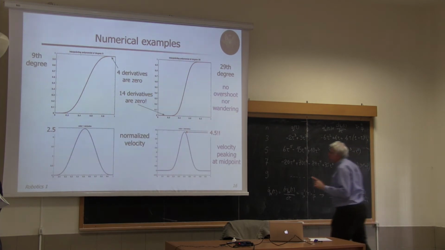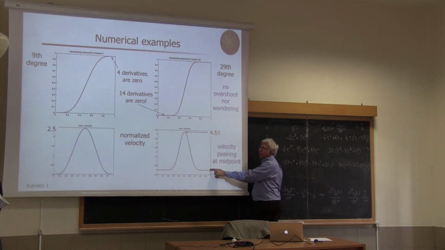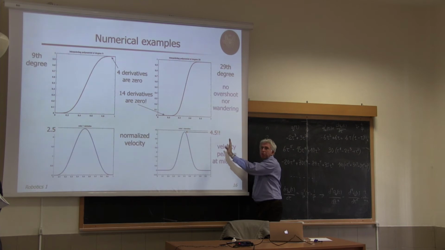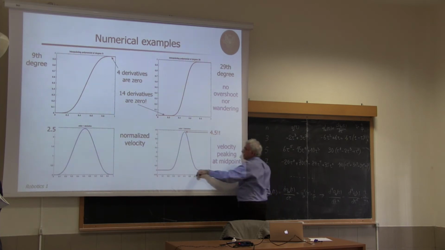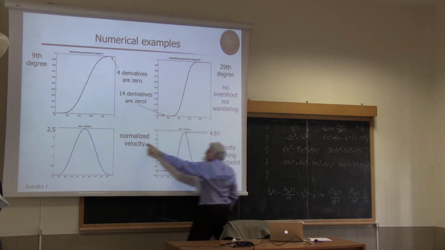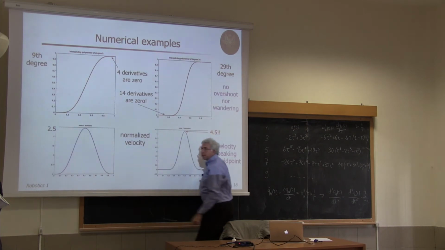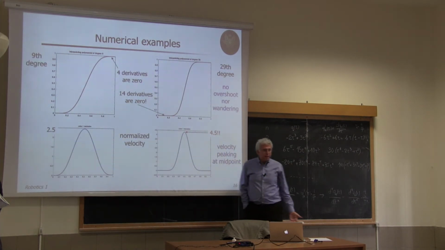But look at the normalized velocity. It's exactly the same motion, same normalized time, same increment normalized to 1, but here you have a peak which is 4.5, here you had 2.5, so almost doubled. Why is that?